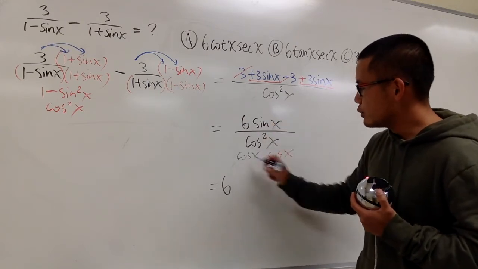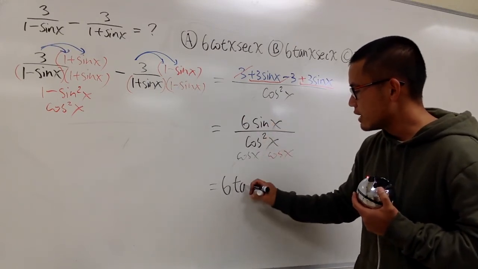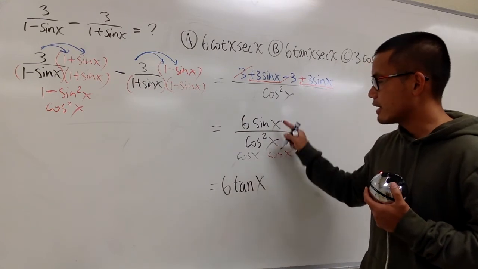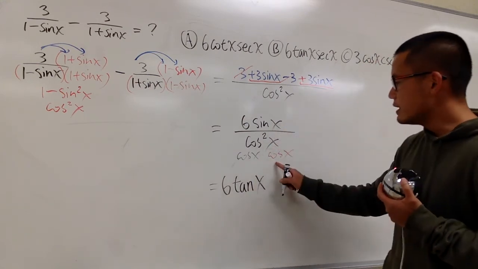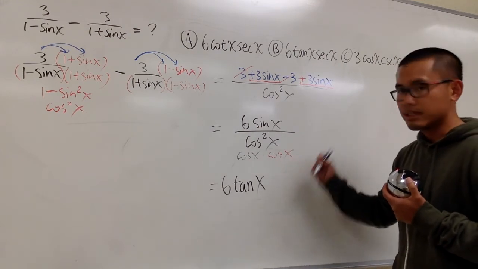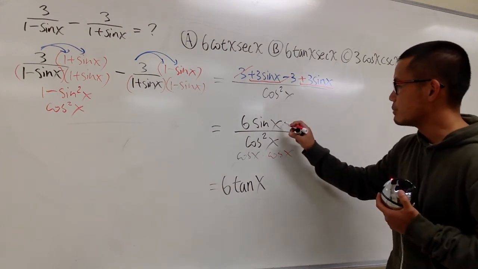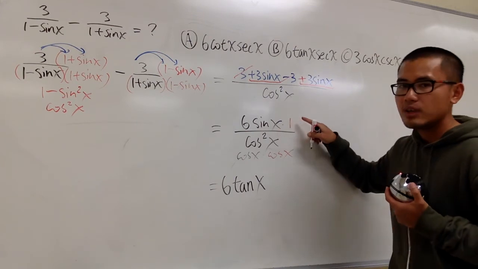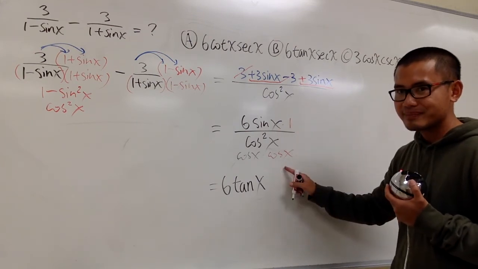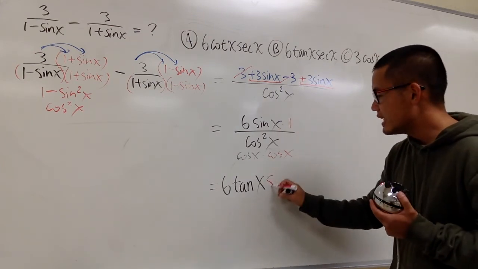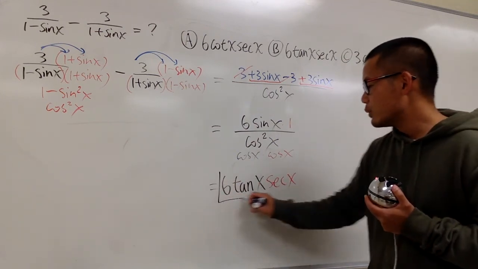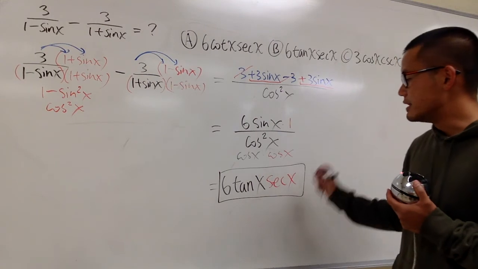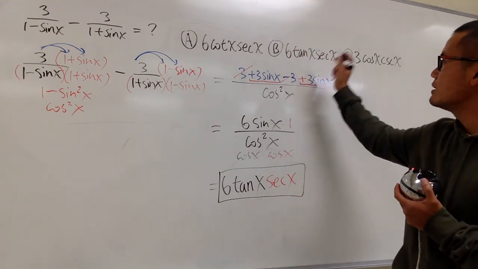So these two terms in black, we can write it as tangent x. Okay? Sine x over cosine x is tangent x. And for this one, this is cosine x on the bottom. And if you would like, I can write this as multiplied by 1. And look at 1 over cosine x, which is the same as secant x. That's it. Altogether, we have 6 tangent x times secant x, and that's answer choice B right here.